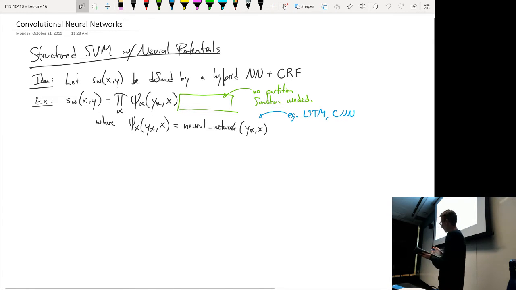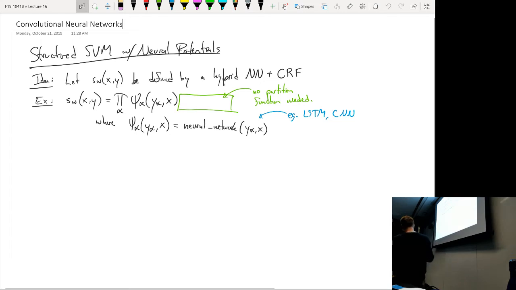So pictorially, we could think of this as two steps where we take our vector x and we feed it into a CNN, and that CNN outputs some representation of our vector x, call it z.